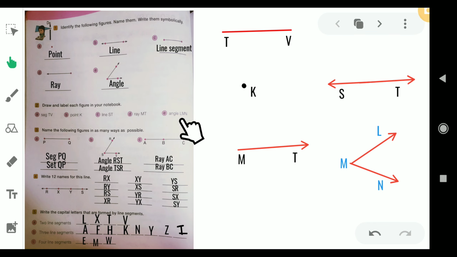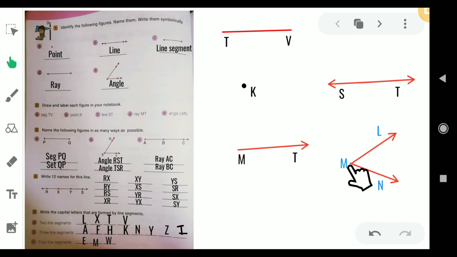Next it is angle LMN. You know that very well: when two rays meet at one point, they make an angle. Right now they have given the letters L, M, N. Here M is the common point.